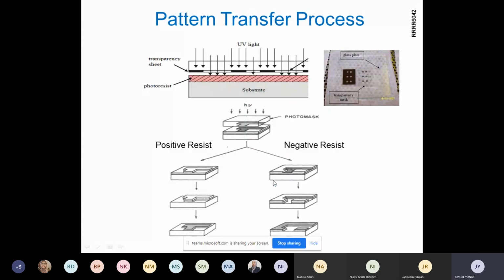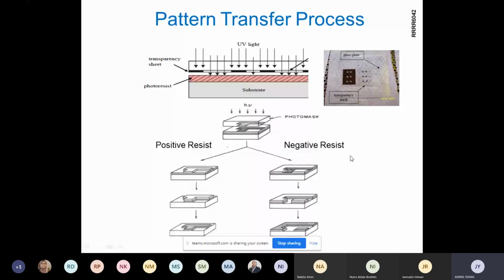There are two types of photoresist, which we call positive photoresist and negative resist. Positive resist means the area which is contacted with the light will create the pattern.